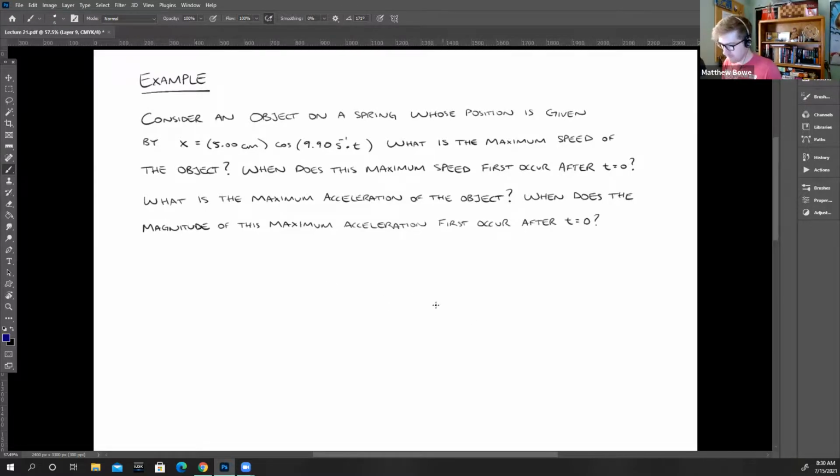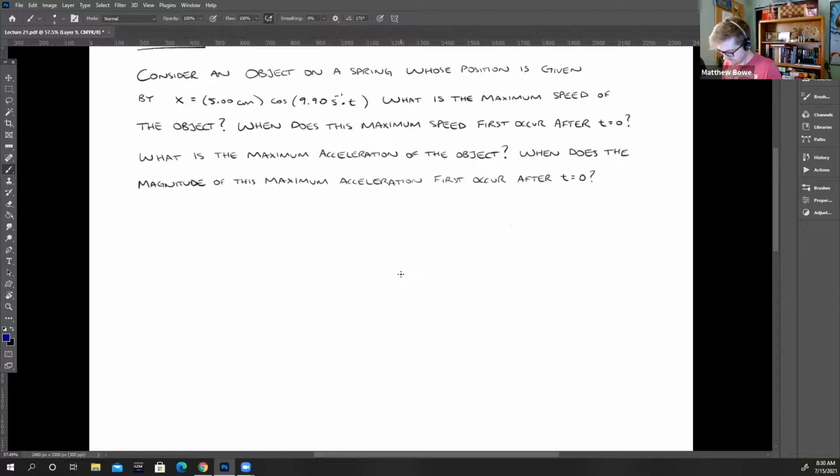To start out, we have this function here. This right here is the amplitude A. This is cosine, two things multiplied together, so this is omega and t.